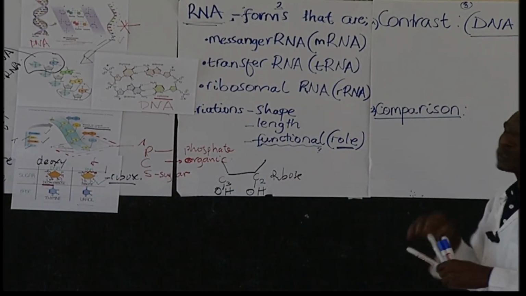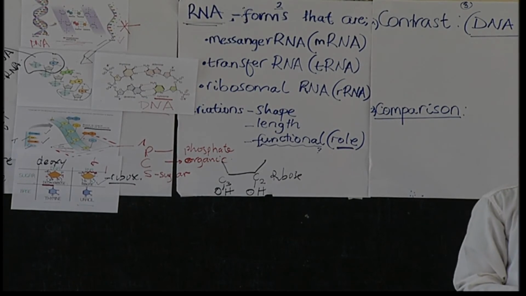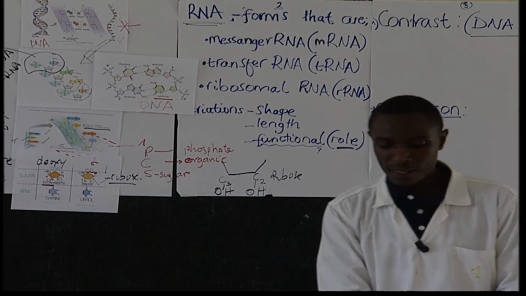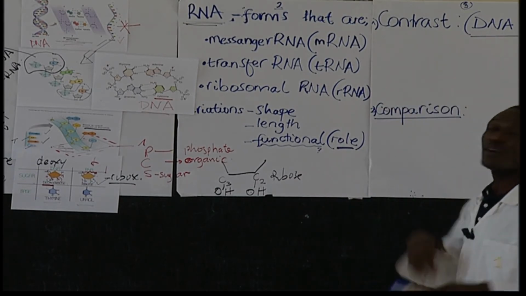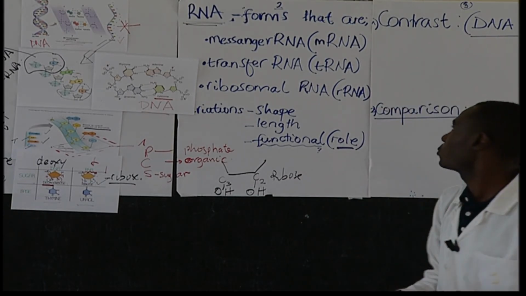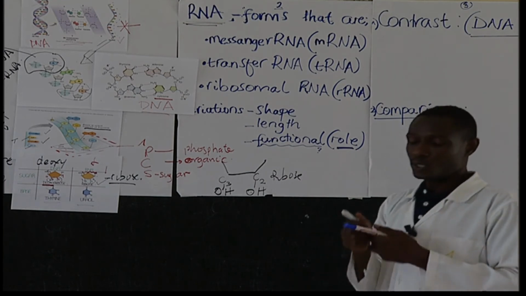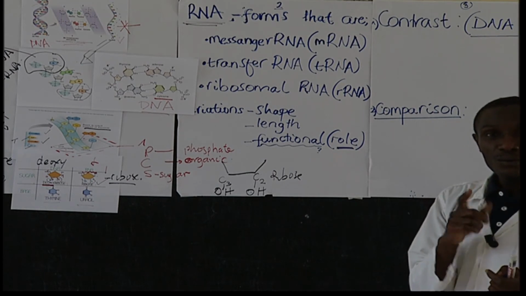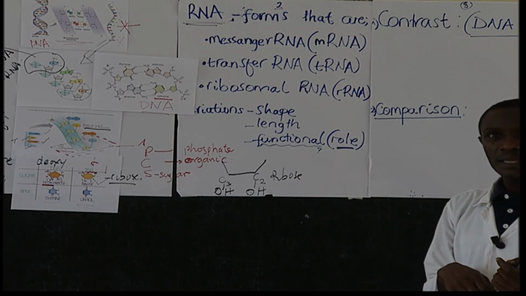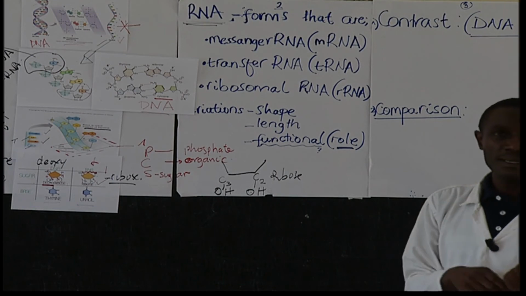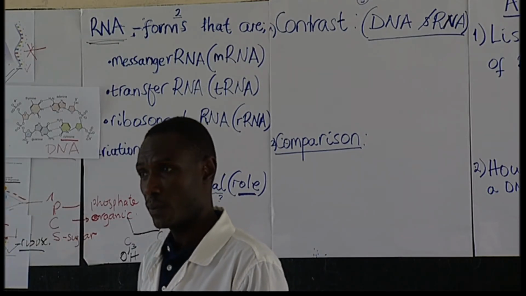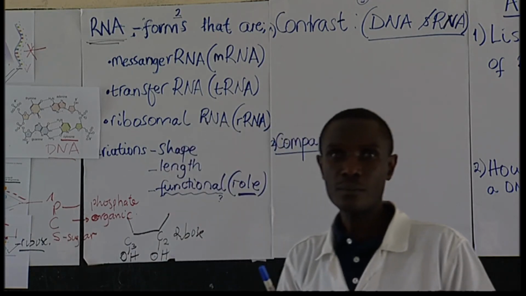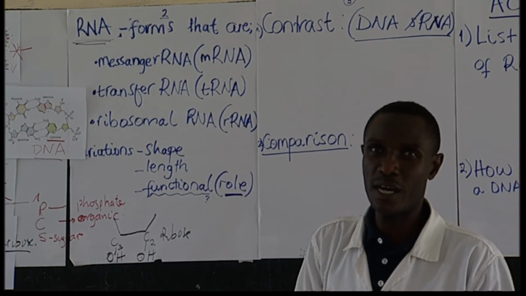Then, if this is just a typical structure of RNA, does it have forms? Remember, it's DNA, but when it comes to RNA, there are variations. We have different types, and we get the names of these forms depending, one, on the structure, the composition, and what they are going to do. Remember, with a change in structure, in most cases you have a new function coming up.